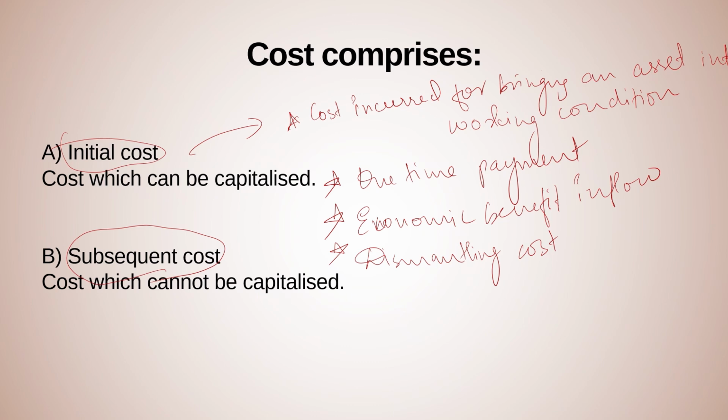Okay, then the fifth one is purchase price. Purchase price includes trade discounts. So these are the costs which can be included in initial cost. The cost included in initial cost can be capitalized.